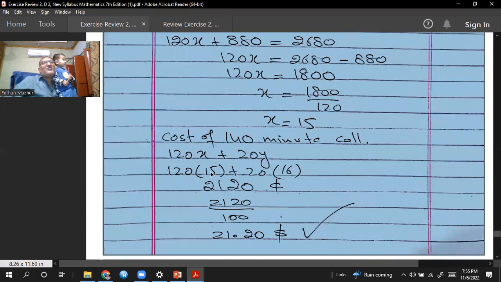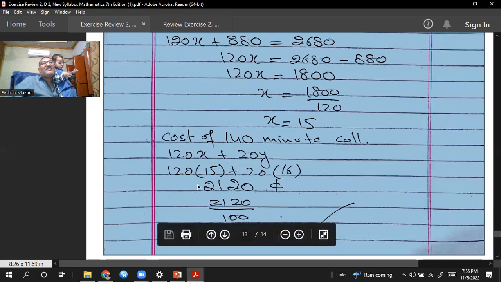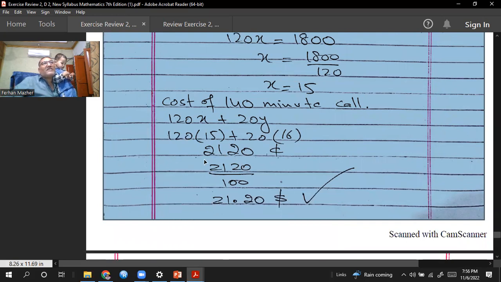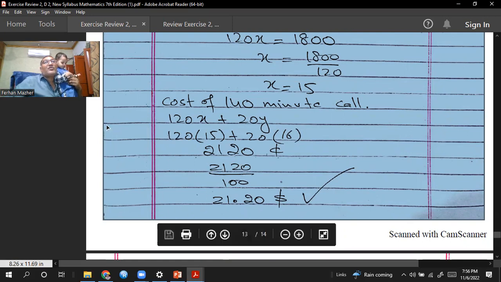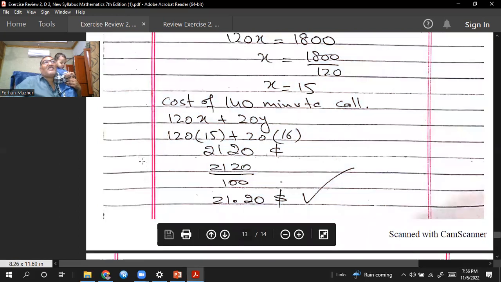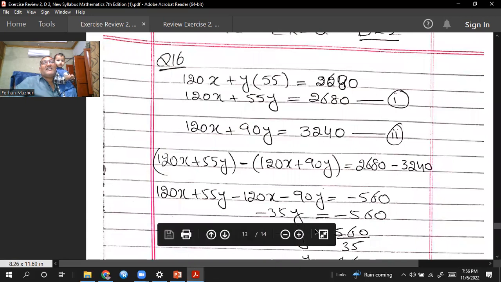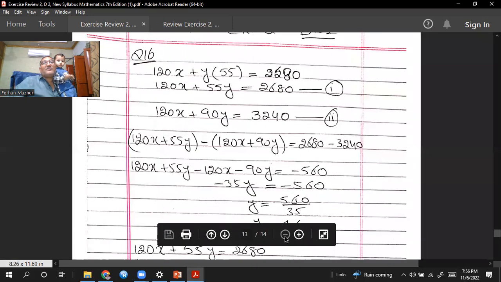So 120 into 15 plus 20 into 16, and this will give me 2,120 cents. If you want to convert this into dollars, 2120 divided by 100, it will cost you $21.20. So you can see this is question number 16, and let me show you.